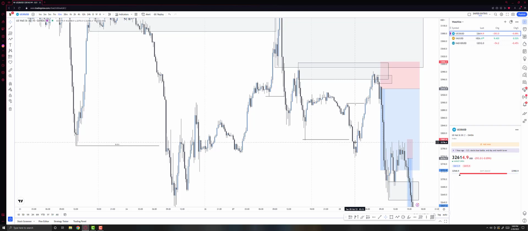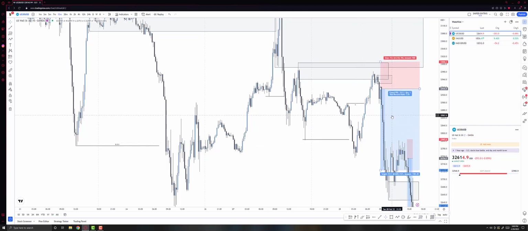I was looking for almost 1 to 3 risk and reward, not percentage, but in this case I only closed at 2.5. I didn't hold it all the way to the 1 to 3.